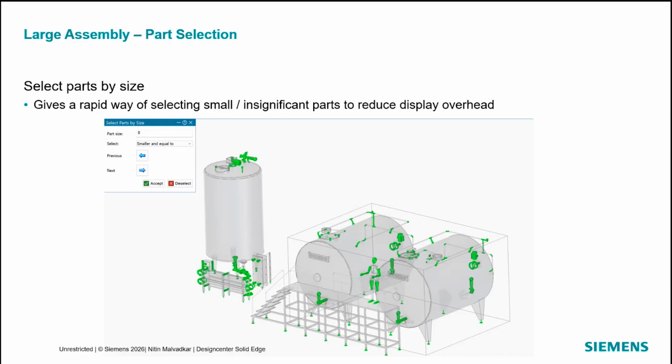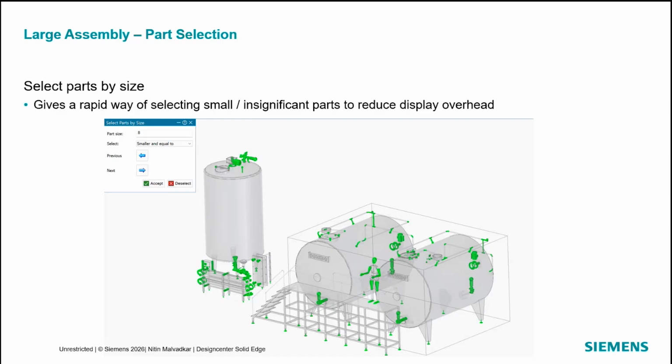Now, this particular feature helps in quickly isolating and removing small or insignificant components from your view. So this is very useful, especially for hiding hardware like bolts, nuts, washers, or even minor hardware like fittings and all. A lot of times what happens is when you're working on large assemblies, these are primarily like bought-out items, right? So these are not really important.